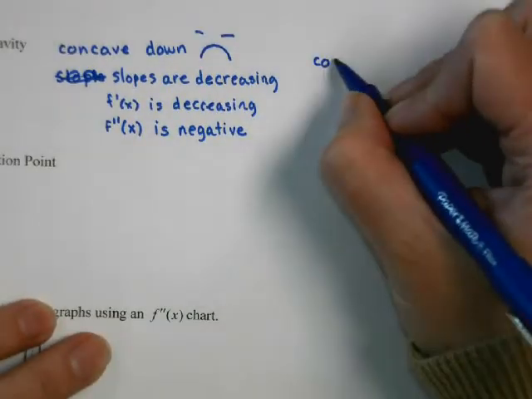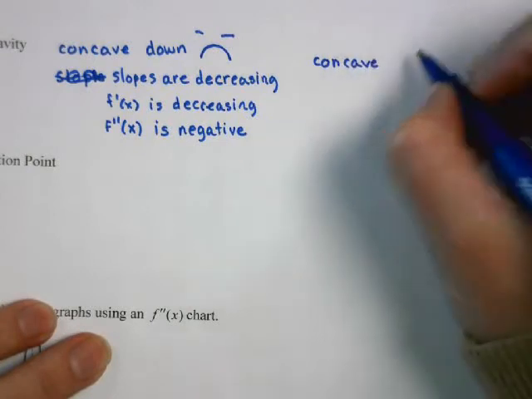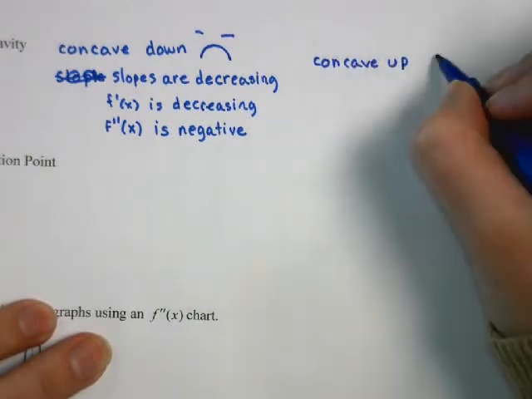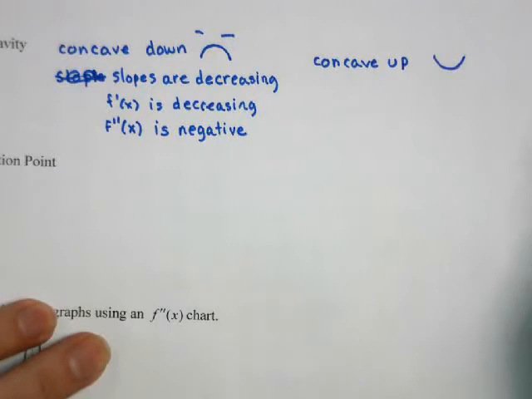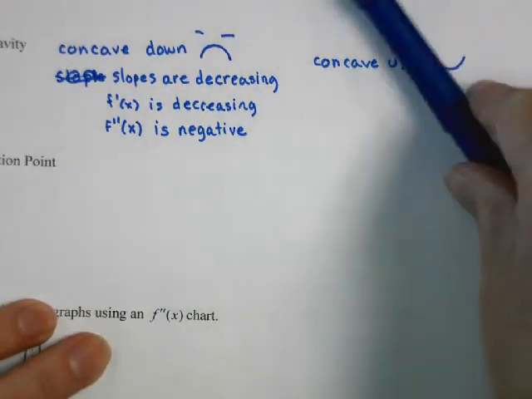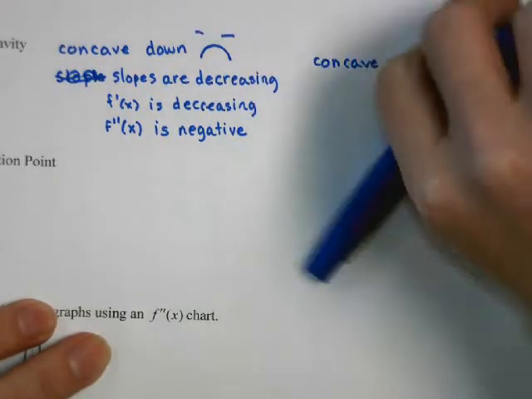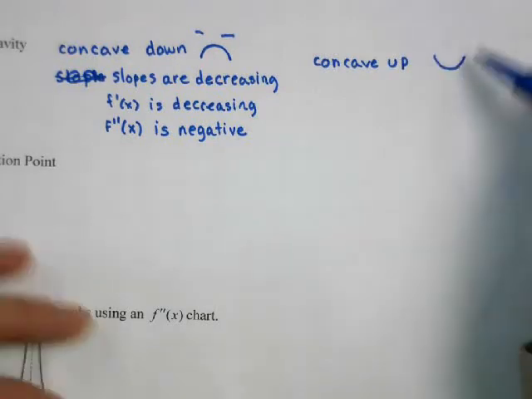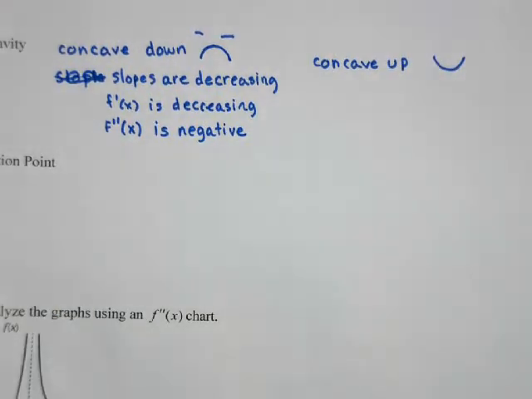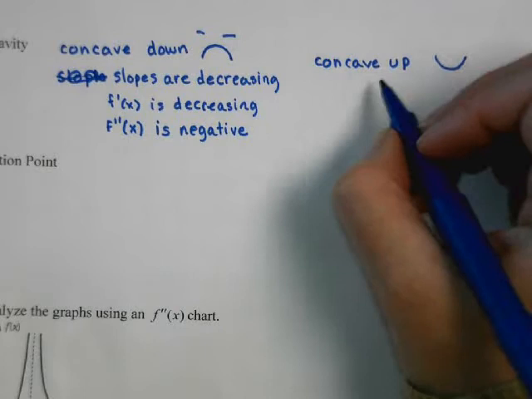Concave up is going to look like that. Where my slopes were negative, then they're 0, then they're positive. And they don't have to go from negative to positive, and you'll see some examples here.